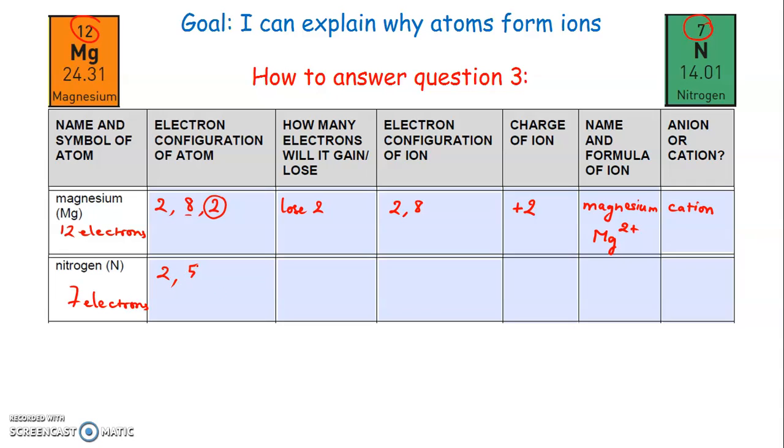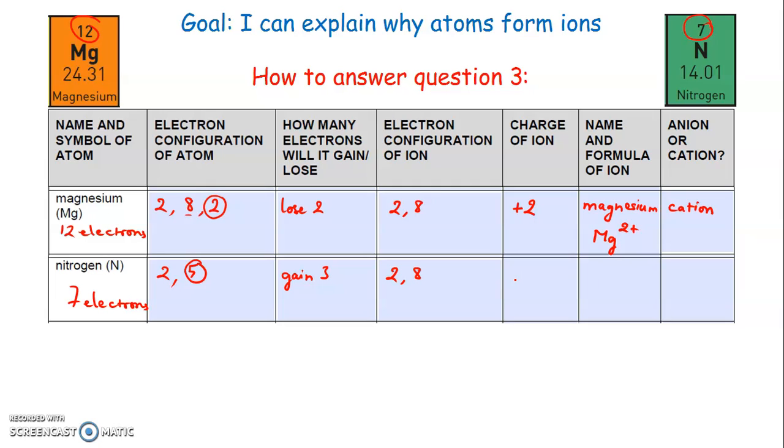Now, because it has 5 valence electrons, it will be much easier to gain 3 than to lose 5. We want to have 8 overall. It's easier to gain 3 than to lose 5. So this will become 2, 8. 5 plus 3 is 8.